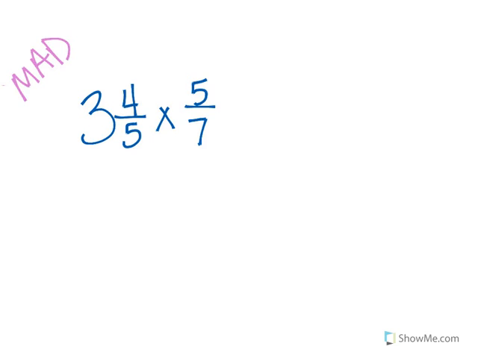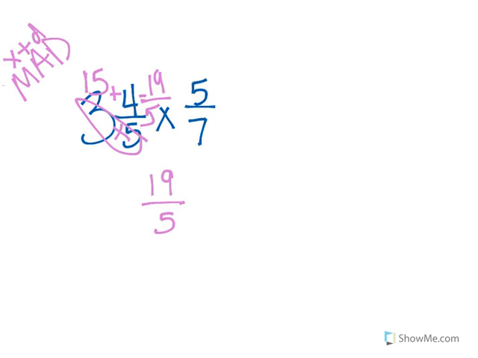Okay? Multiply, add, and then you keep your denominator the same, right? So 3 times 5 is 15, plus 4 is 19, and my denominator stays the same, so that's 19/5 times 5/7.